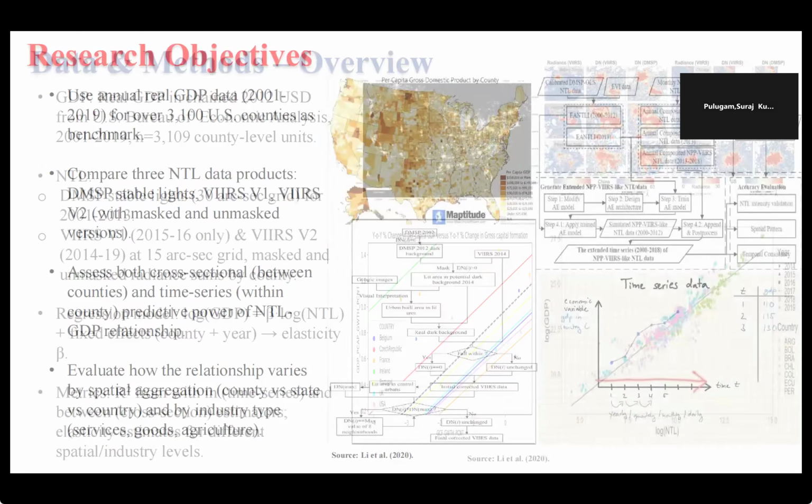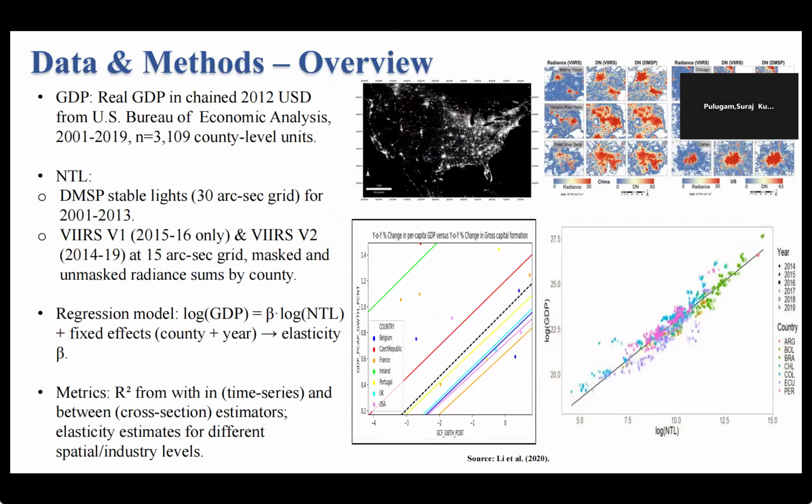Coming to the data and methods, here we describe the data source and analytical approach. County level GDP data were taken from the US Bureau of Economic Analysis, expressed in 2012 chain dollars. DMSP data were available from 2001 to 2013, whereas VIIRS came from 2014 to 2019.